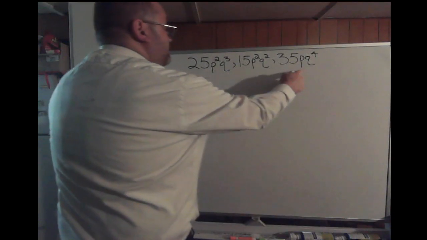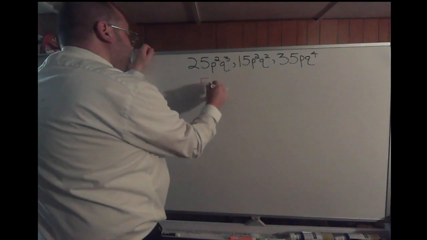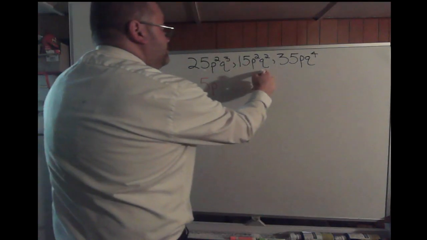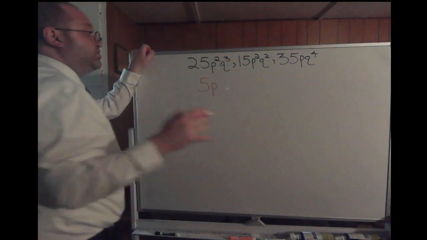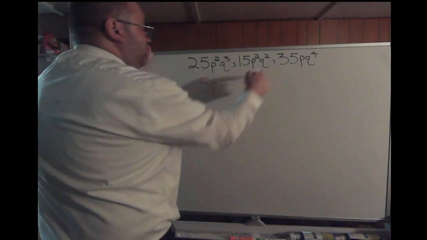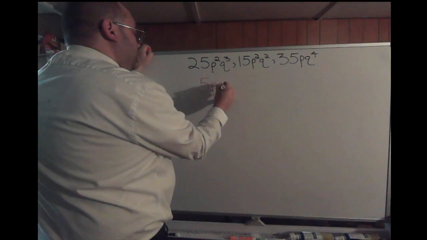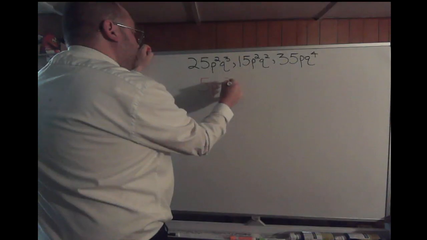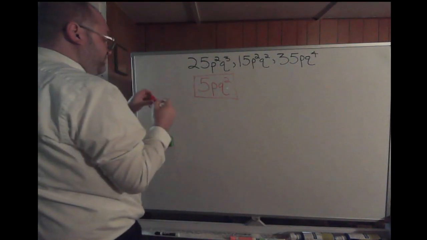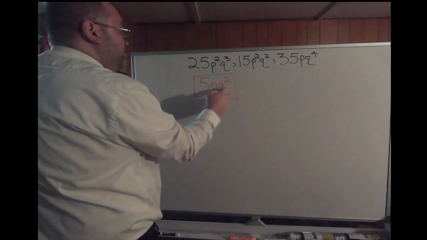Well, p is the lowest power, so that would be your greatest common factor of the p's. Then you have q cubed, q squared, and q to the fourth. What is your greatest common factor of those? Q squared is your lowest power, so that would be your greatest common factor of the q's. So in total, the greatest common factor of these three would be 5pq squared.